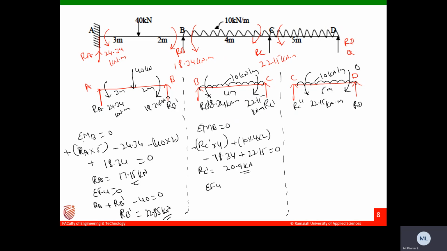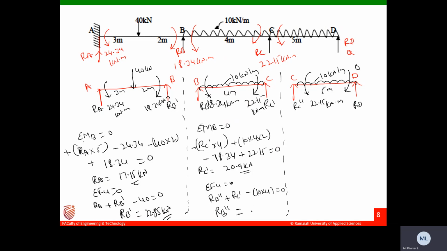Similarly, if you take sigma Fy equals to 0: RB double dash acting upward, plus RC dash, minus 10 into 4 equals to 0. Then find out RB double dash.